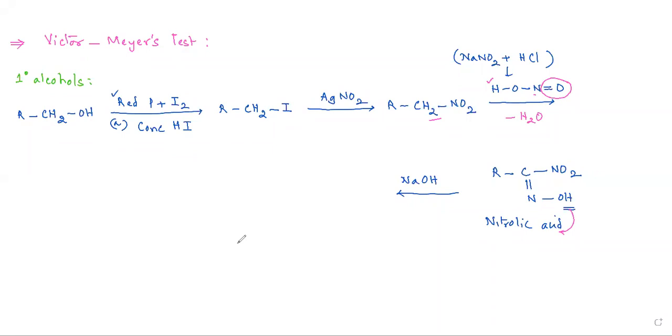Say sodium hydroxide in this case, and we get a salt, RCNO2 double bond NO minus and Na plus. Okay. Now this salt is blood red in color. So the color is very important here. Okay. This is with primary alcohol.